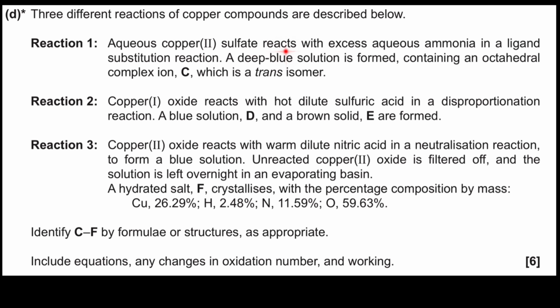Copper(II) sulfate reacts with excess aqueous ammonia in a ligand substitution reaction, and a deep blue solution is formed containing an octahedral complex ion C, which is a trans isomer. Well, in this case, for copper(II), we're looking at copper with water, so hydrated, six of those, because it's octahedral and it's 2+, that's [Cu(H2O)6]2+.